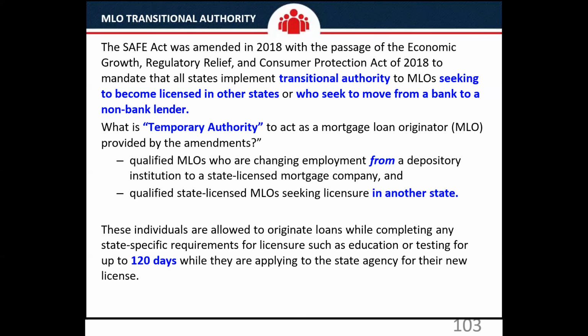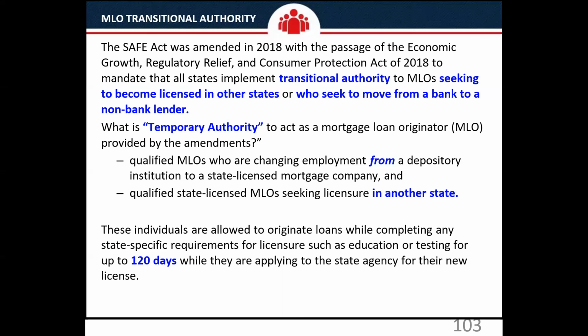Well, it provided that qualified MLOs who are changing employment from a depository institution, a bank, to a state licensed mortgage company, just being an MLO, and qualified state licensed MLOs seeking a license in another state, these individuals were allowed to go ahead and keep working and originate loans while they were completing their state-specific educational requirements for the license, such as the education and testing, for up to 120 days.